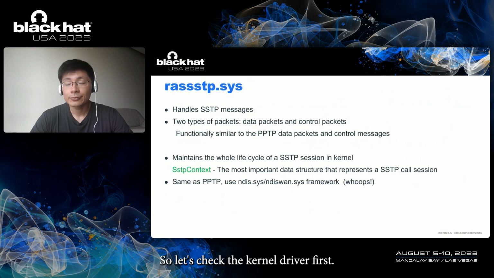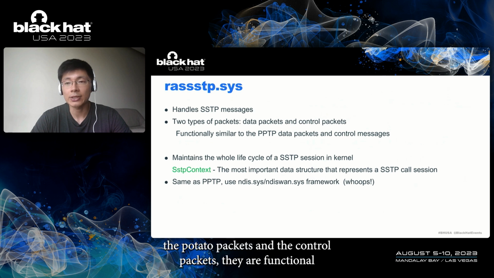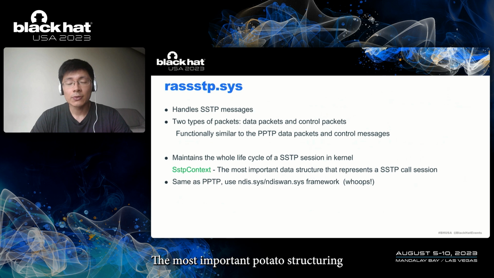So let's check the kernel driver first. It handles SSTP messages. There are two types of SSTP packets, the data packets and the control packets. They are functionally similar to the PPP data packets and control packets. The most important data structure in the driver is the SSTP context.